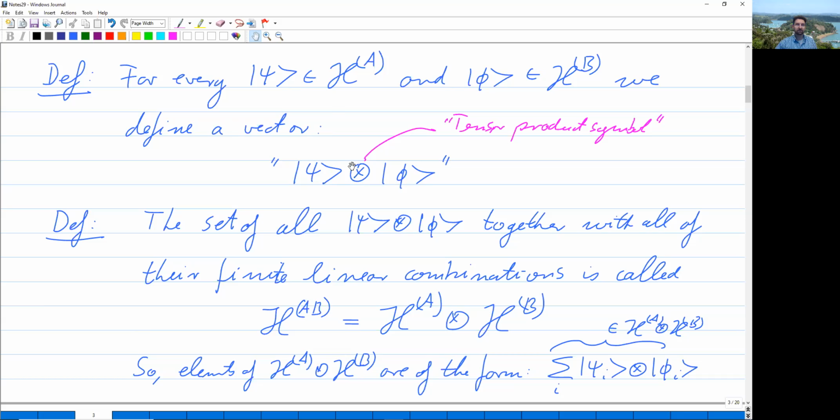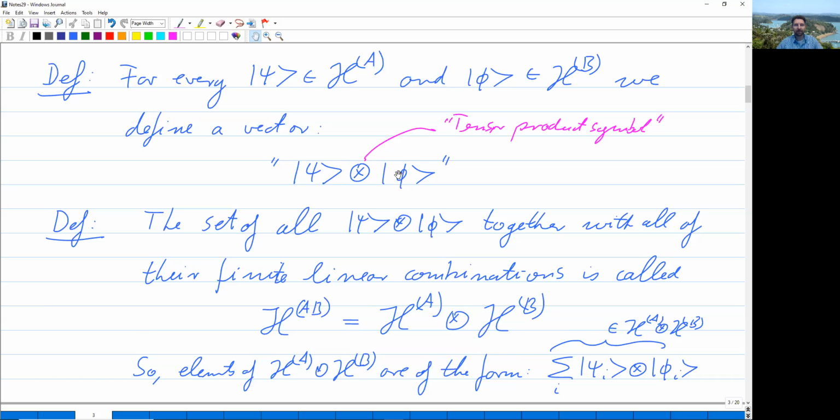Because if we know this subsystem is in this state and that subsystem is in that state, then clearly the state of the full system has to be those two states collected together, and the tensor product symbol is indicating collected together. But our system could be in state psi tensor phi plus some number times psi tilde tensor phi tilde too.